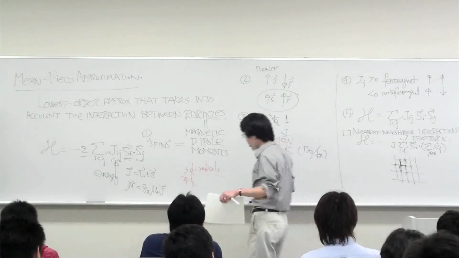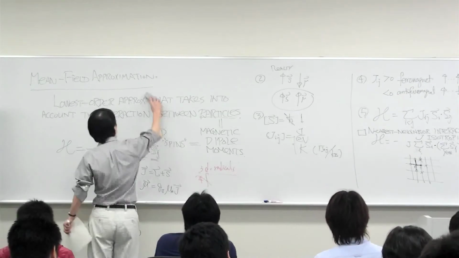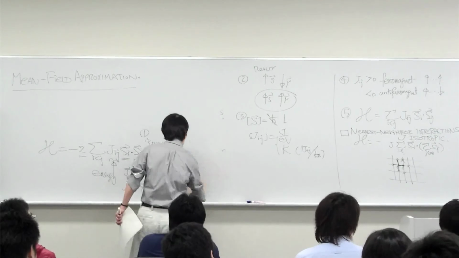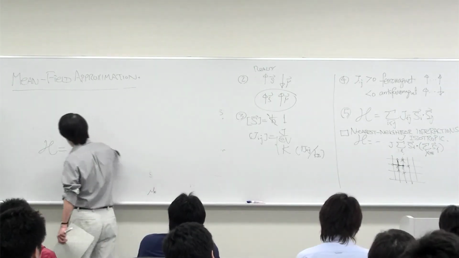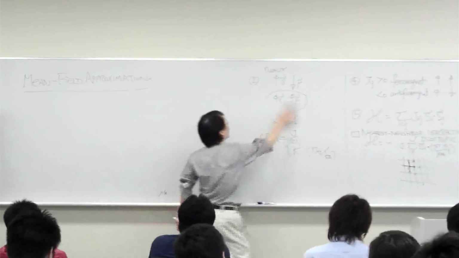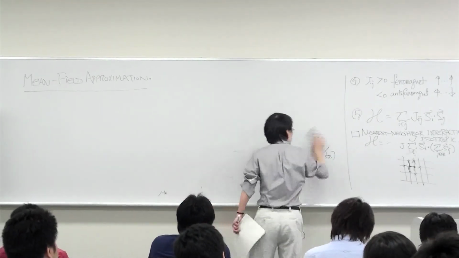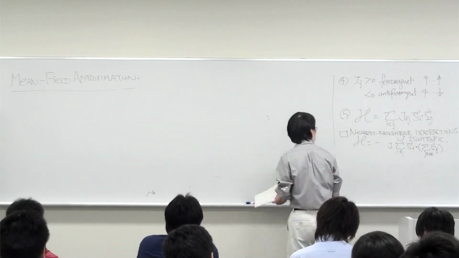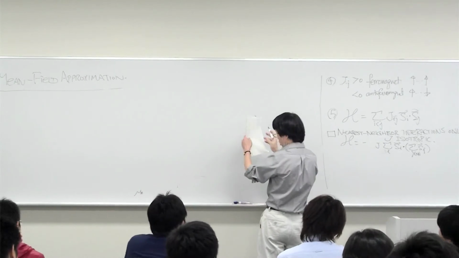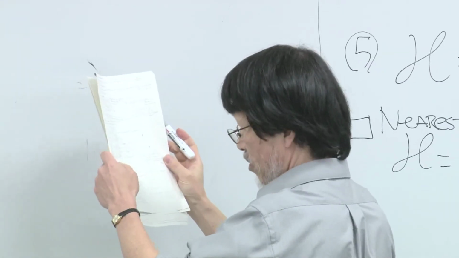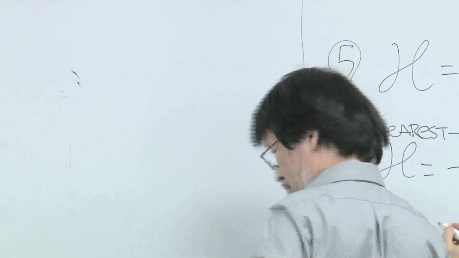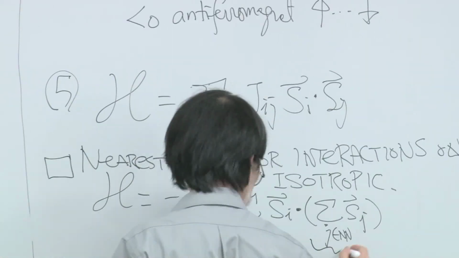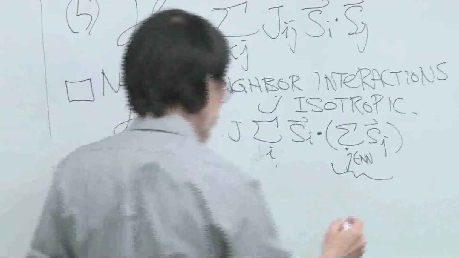Okay, so now we're going to do a mean field approximation, which many of you know already. In the mean field approximation, you replace this with the average value.